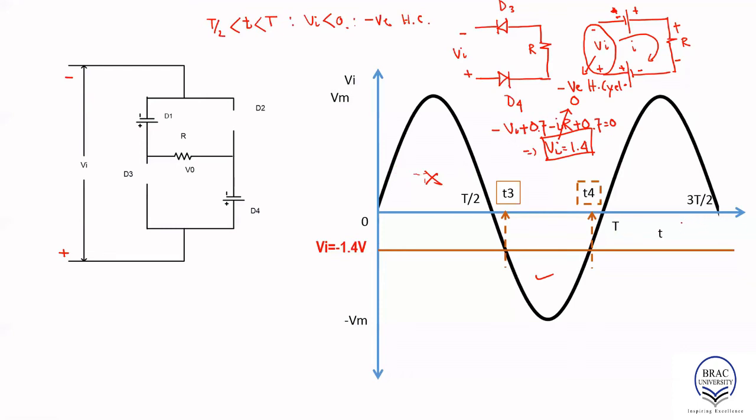So next step would be drawing the line. We draw the line. So let's say the transition state line. Again, we know the transition state line gives us the information about the boundary between the on state and the off state of the diode. And since the diodes D1 and D4 appear to be in anti-clockwise direction, if you keep our signal source to the left, you see anti-clockwise orientation, okay.